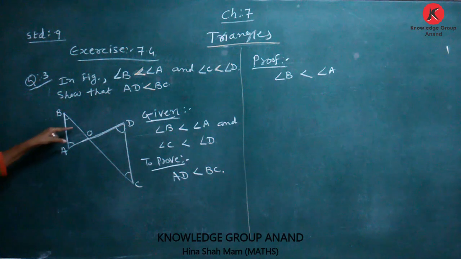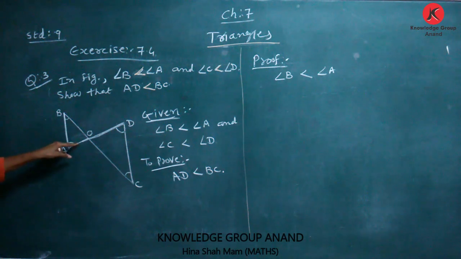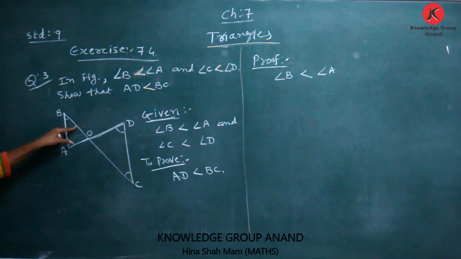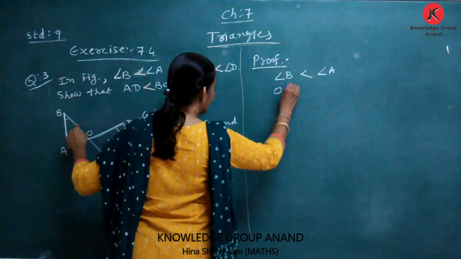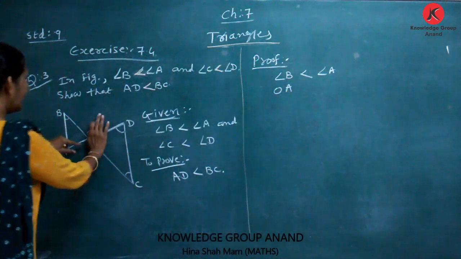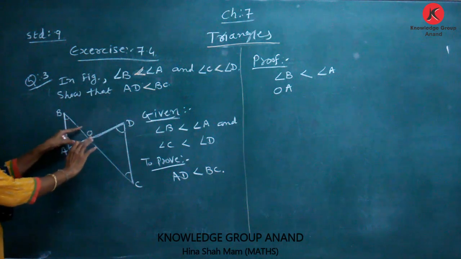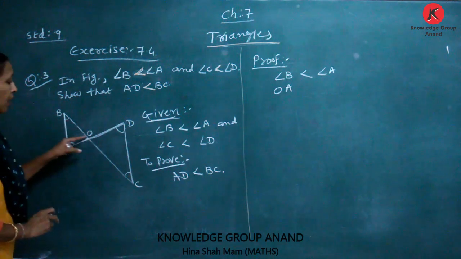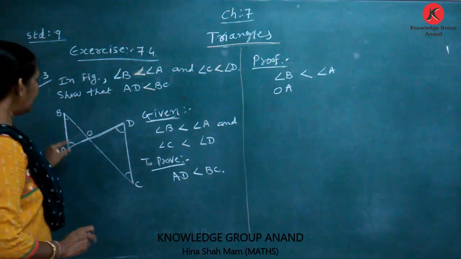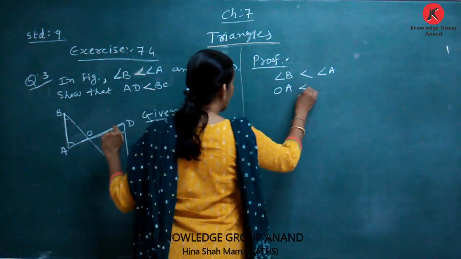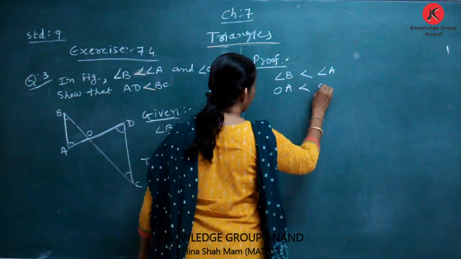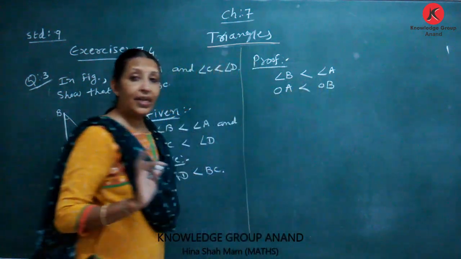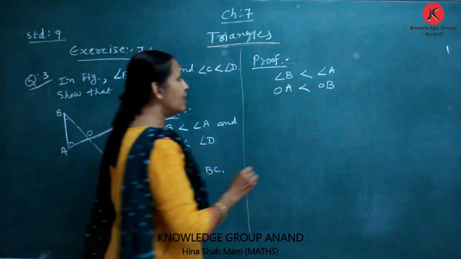Angle B's opposite side is OA and angle A's opposite side is OB. Therefore, in triangle OAB, OA is less than OB.